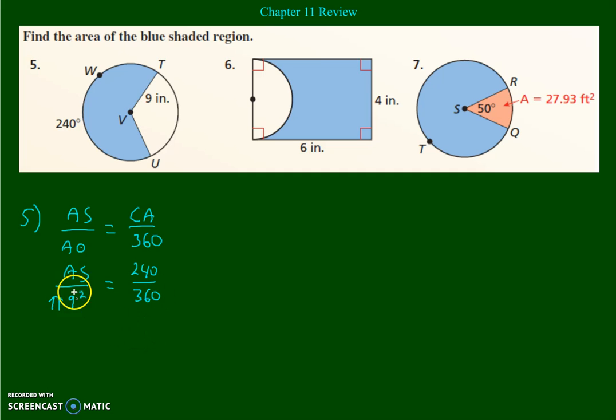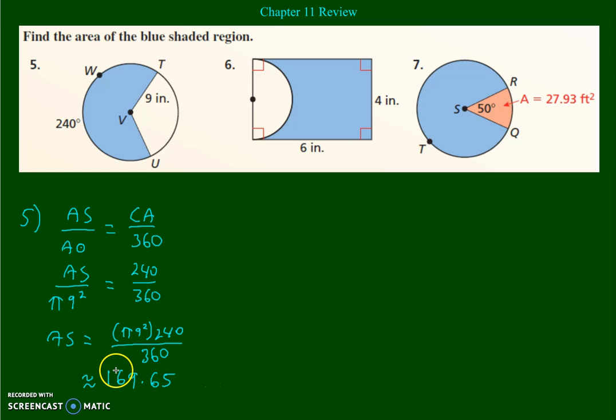Now all we need to do is multiply by the area of the circle here, and we have area of the sector is pi 9 squared times 240 divided by 360. We go ahead and put that in our calculator, and we get approximately 169.65.